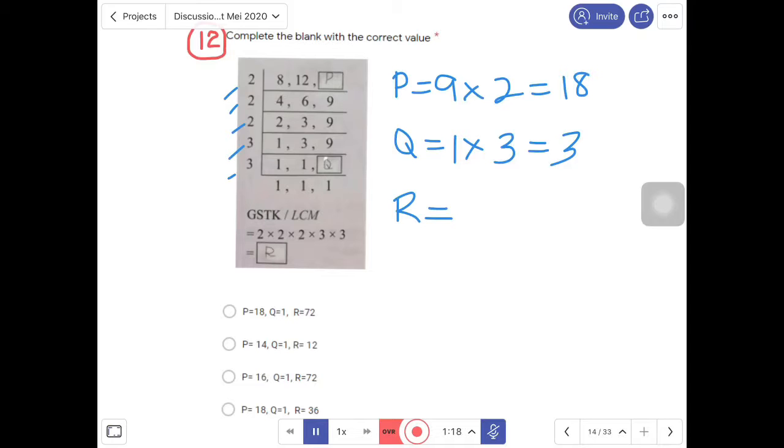So R equals to 2 times 2 times 2 times 3 times 3 equals to 8 times 9 equals to 72. So R equals to 72. Now, I'm sorry, in the answer options, A is the closest. So this is a typing error. Q should be 3. So the closest answer is the first option.